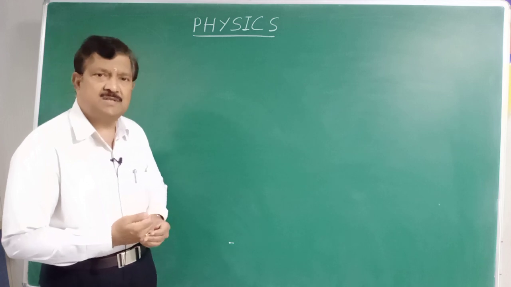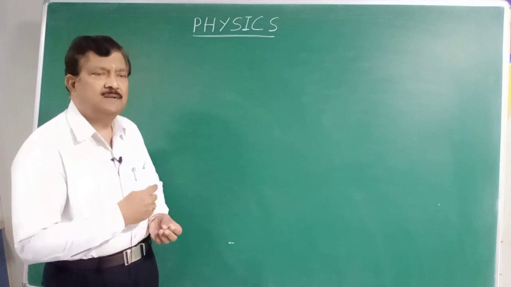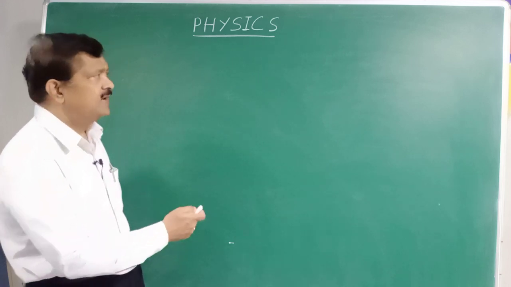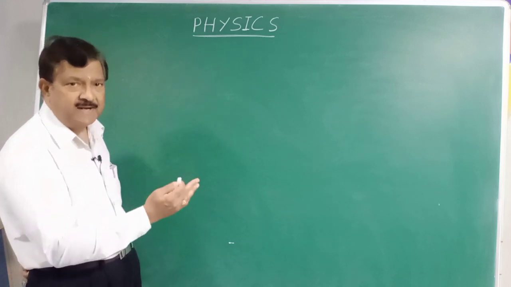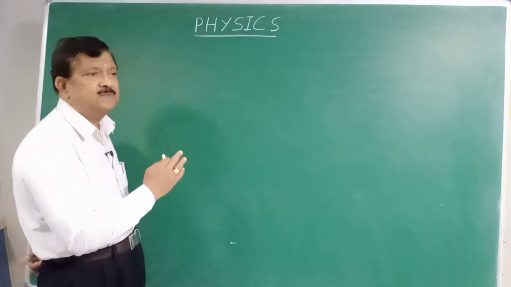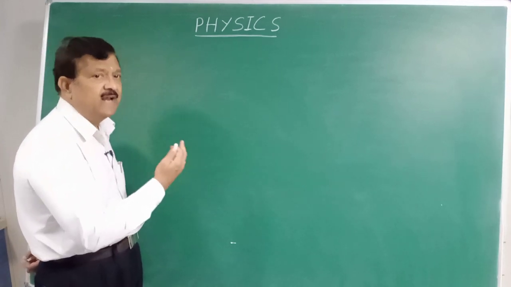In the previous class, we were discussing the expansions of liquids, and we derived an equation for the two types of volume expansion of a liquid, namely the coefficient of apparent expansion and the coefficient of real expansion.